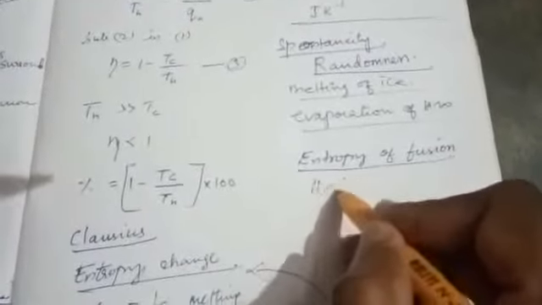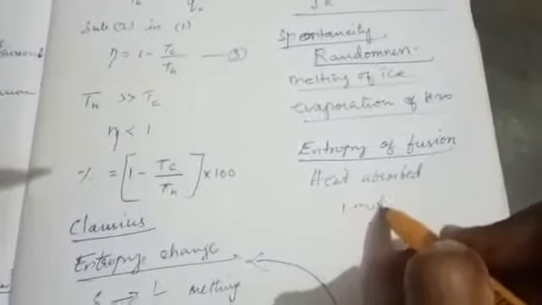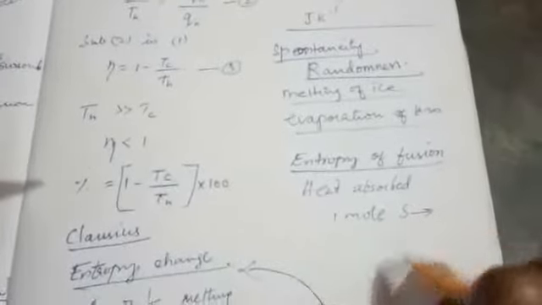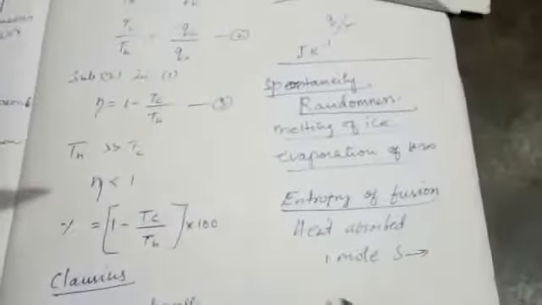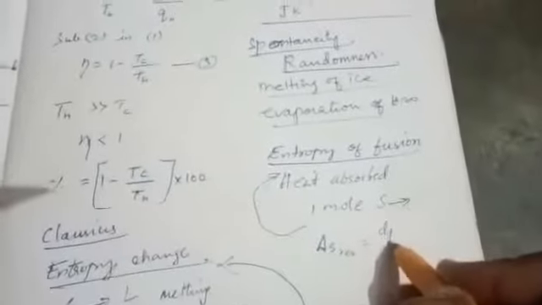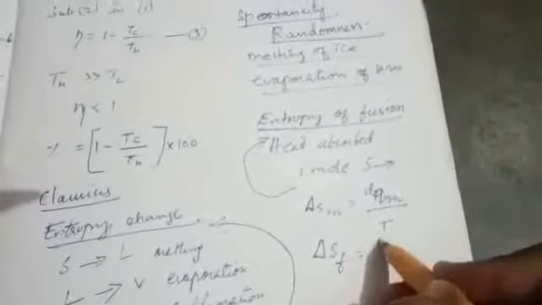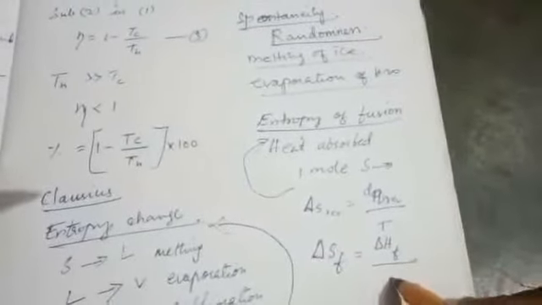Heat absorbed when one mole of solid melts at its melting point reversibly is called molar heat of fusion. Mathematically, delta S equals dq reversible divided by temperature. That means delta S fusion equals delta H fusion divided by temperature of fusion. Delta H fusion means molar heat of fusion. Tf is called the melting point.